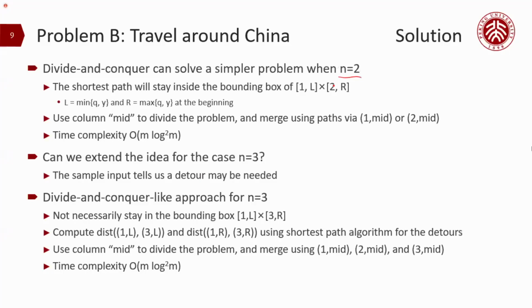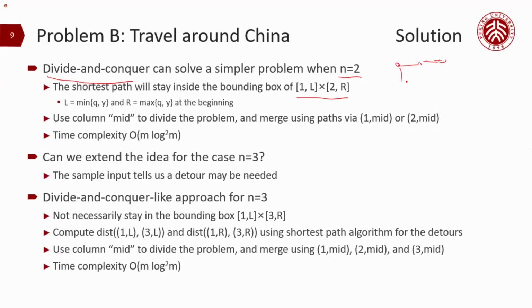So it may be very straightforward when we consider the simpler case, n equal to 2. And in this case, we can use divide and conquer to solve it. So we can derive the property that the shortest path will stay inside the bounding box because it only has 2 rows.